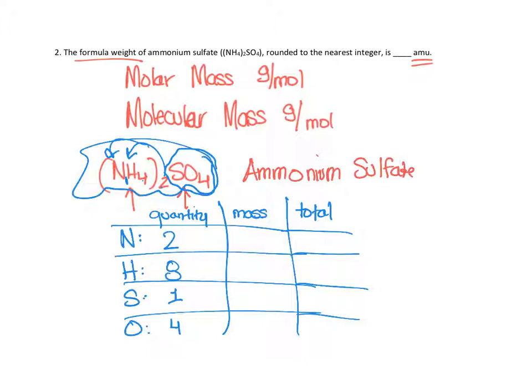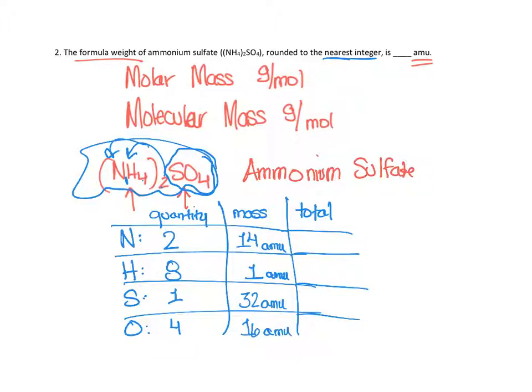Mass, I'm going to round to the nearest whole number, as it says here, from the periodic table. Nitrogen has a mass of 14, hydrogen has a mass of 1, this is in AMUs. Sulfur has a mass of 32, and oxygen has a mass of 16.